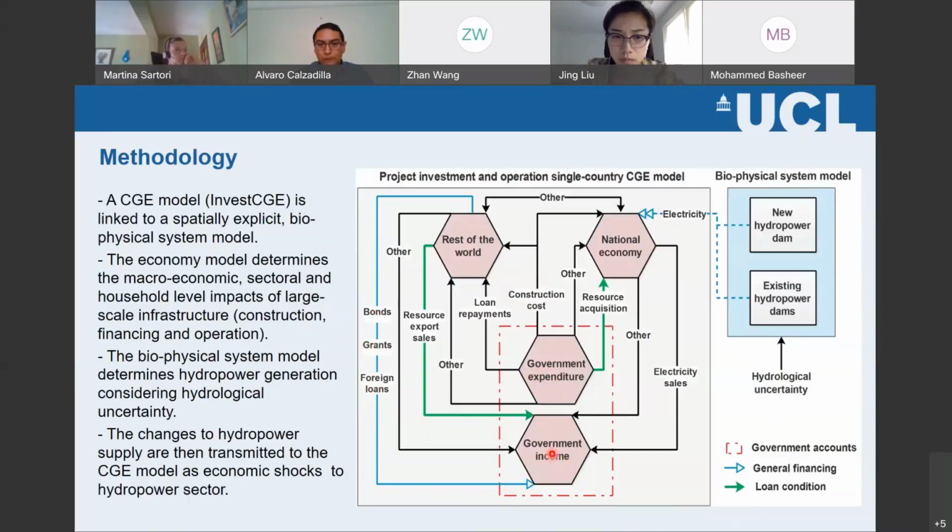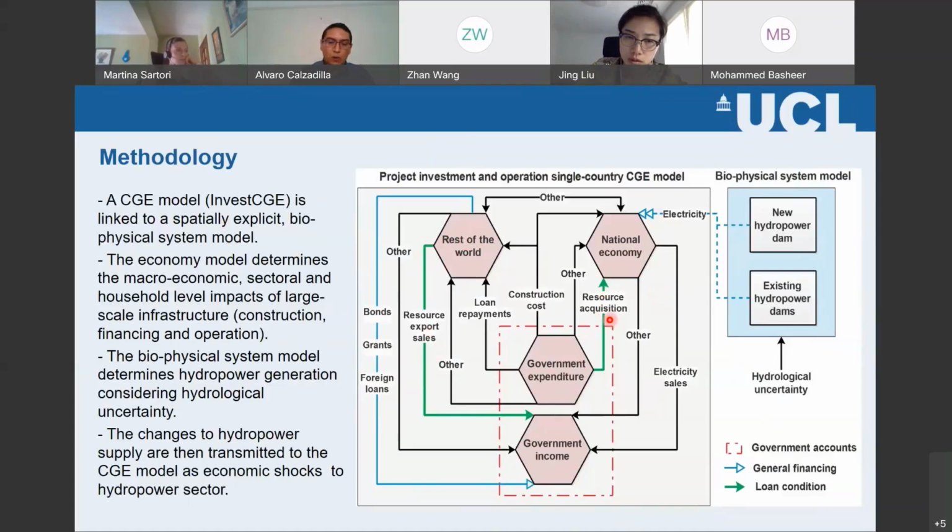And there is also this resource attachment, this cocoa exports linked to the loan. And then for that reason, the government needs to buy the cocoa from the farmers, and then it needs to sell this at the agreed price to China. And this is represented by these links, the resource export sales and the resource acquisition, right?